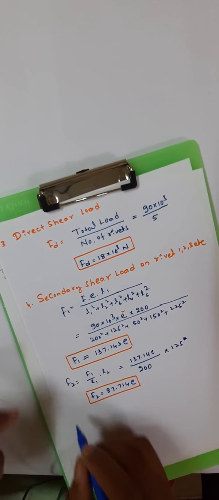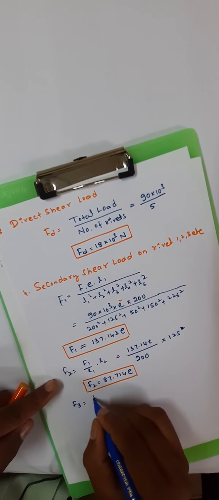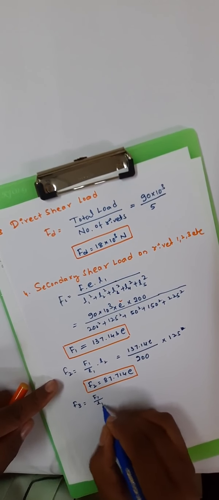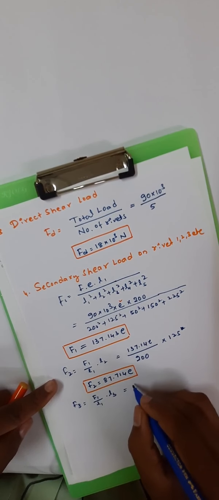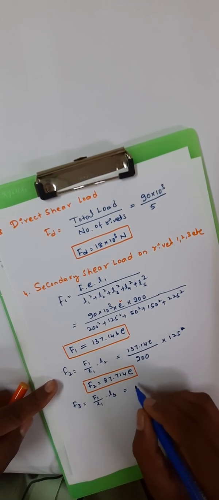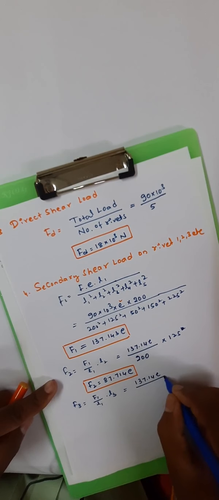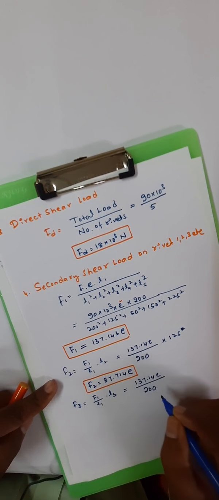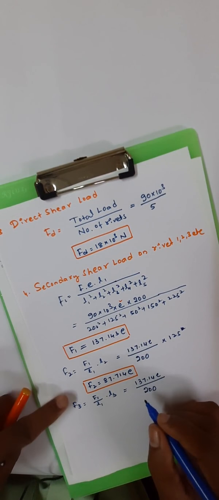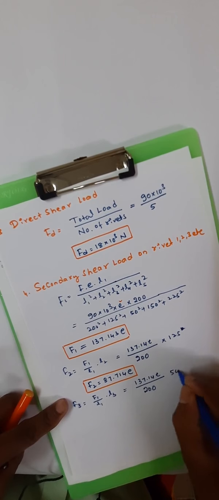Next, F3 we need to find out. F3 is equal to F1 by L1 into L3. So F1 is 137.14 E divided by L1, 200, into L3, which is 50.